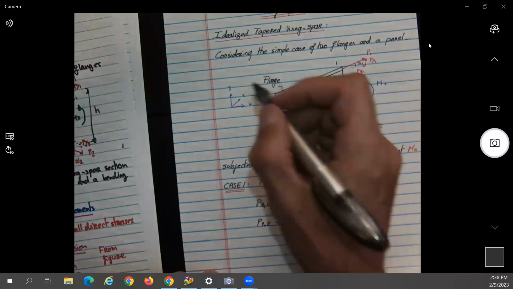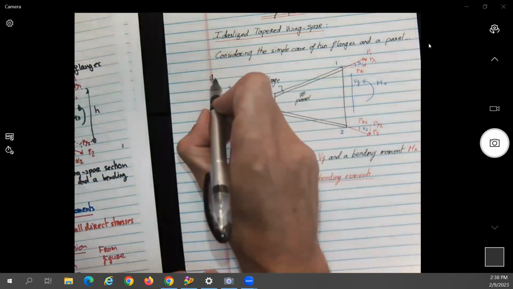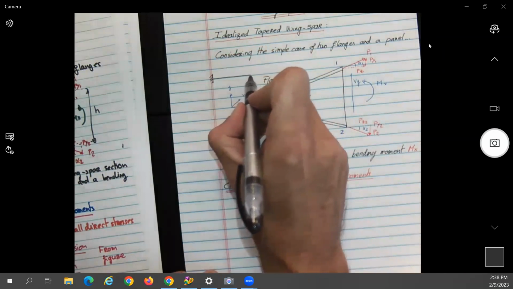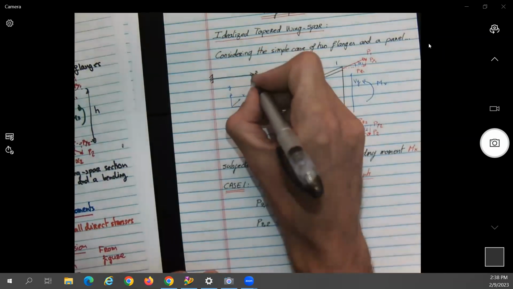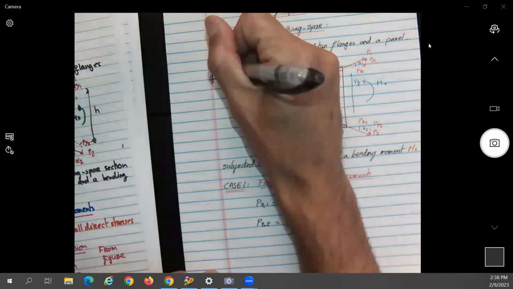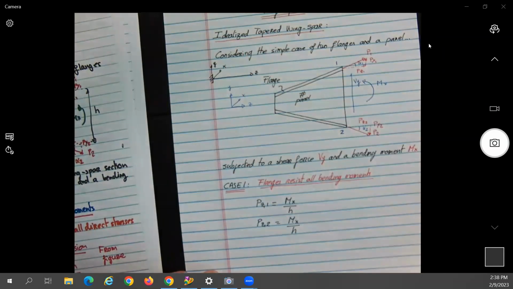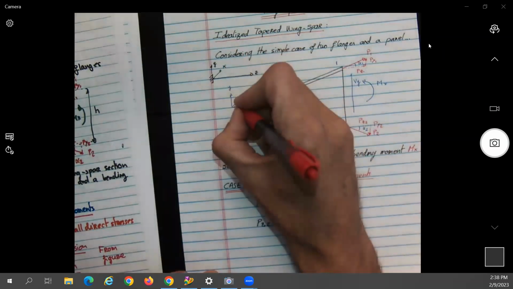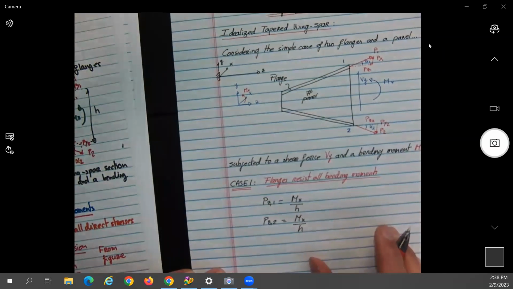Okay, so again, maybe I do a small figure here. Remember, this is Z, this is Y, and this is X. So we put this one here. That means that the moment is coming this way.